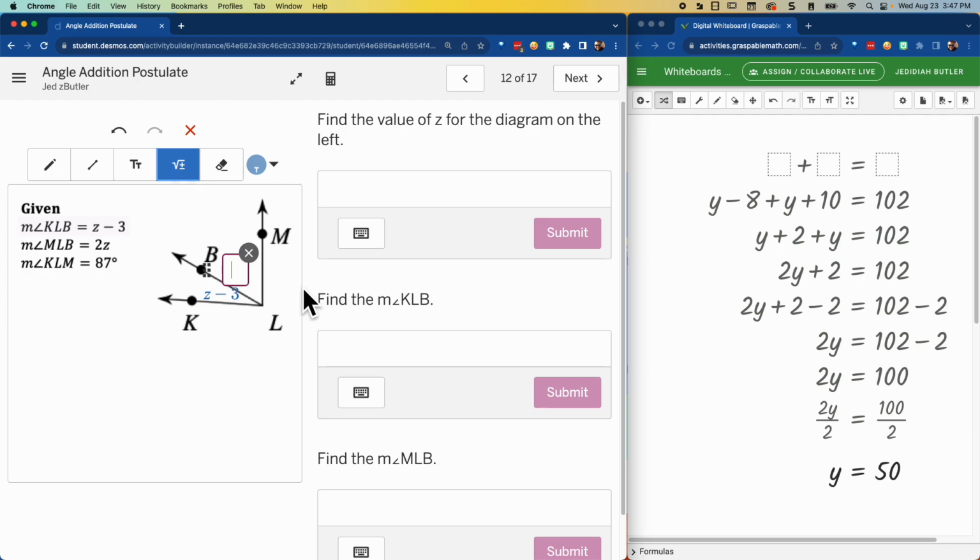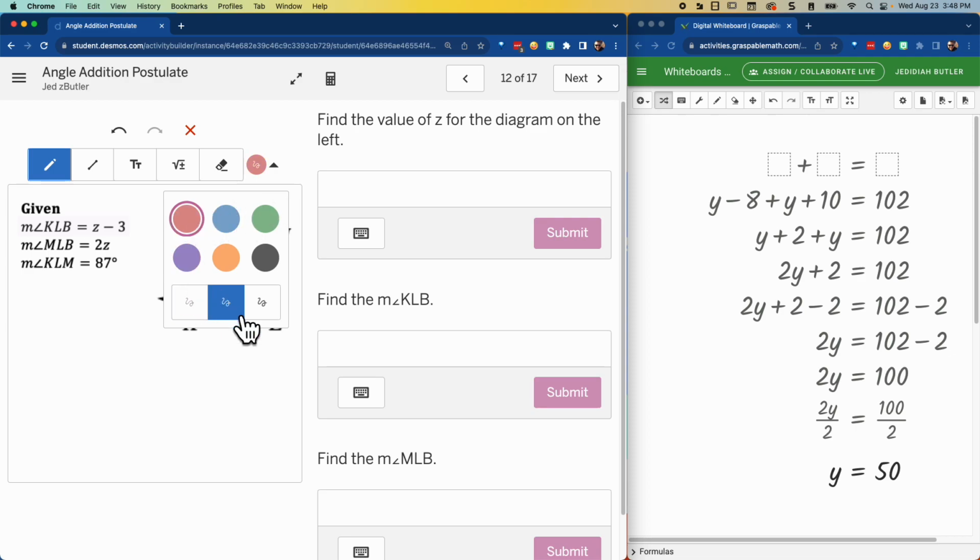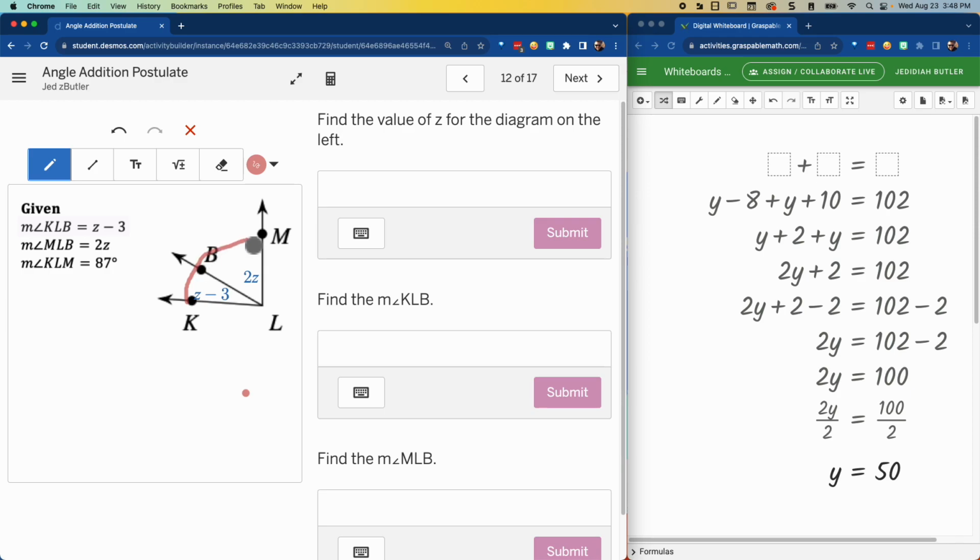That one is 2Z. So my 2 angles are Z minus 3 and 2Z. And then together, they're going to equal 87. Let's color that red like we had been doing. So together, and we'll make this a red color, they equal 87.